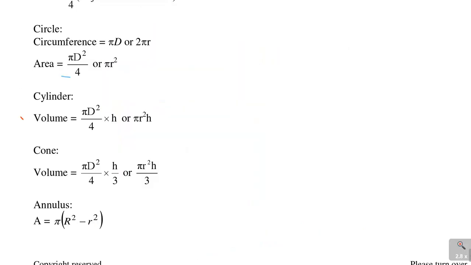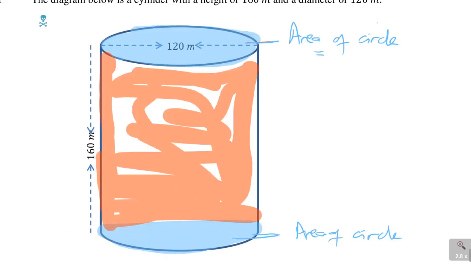There is the area of a circle in terms of diameter, it's pi d squared over 4. So you come here and say pi d squared over 4. And then here also it will be pi d squared over 4. So you've got two of them.